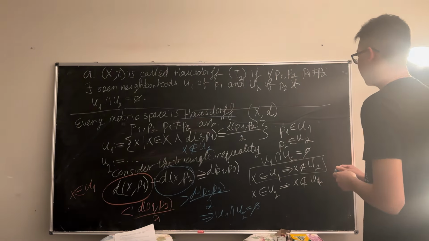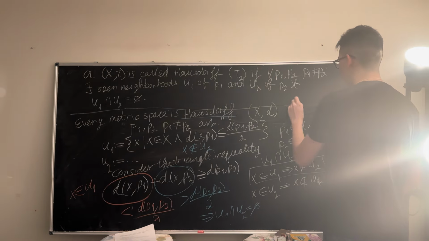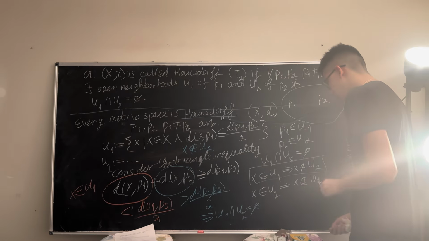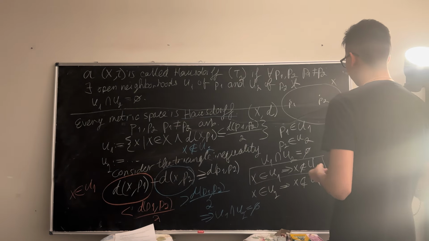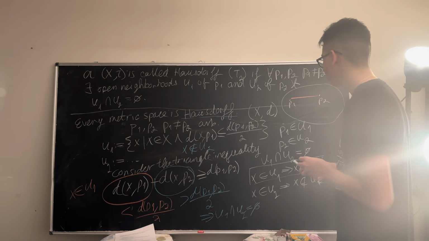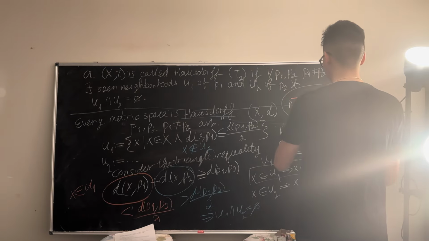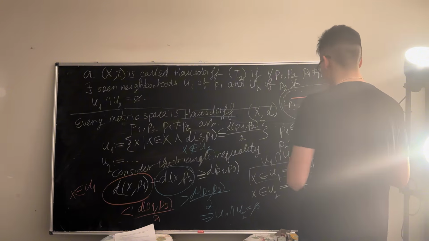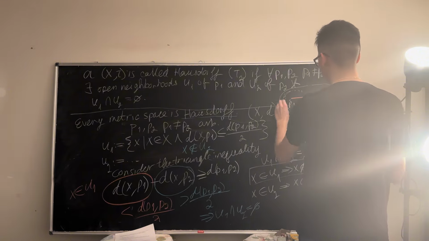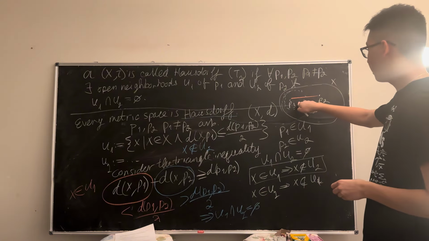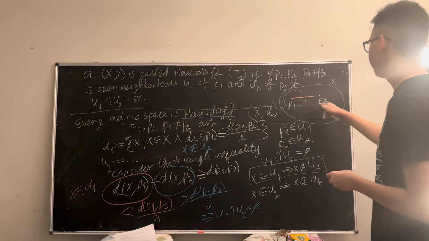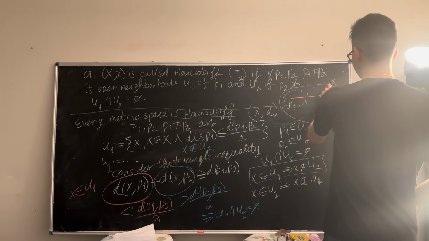Now, to give an illustration of what we just did, if we have some metric space X, right, and two distinct points P1 and P2, what we've done is we have considered the distance between P1 and P2, and we considered, let me make it bigger maybe, the open ball, in blue here, with the radius the distance between P1 and P2 over 2, and we did the same for P2.